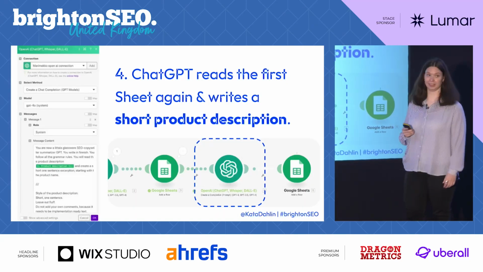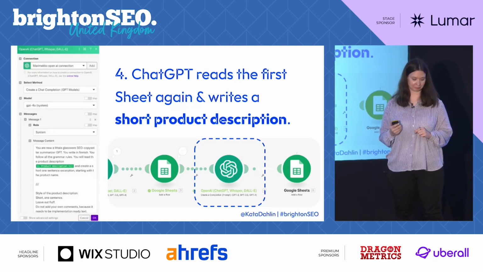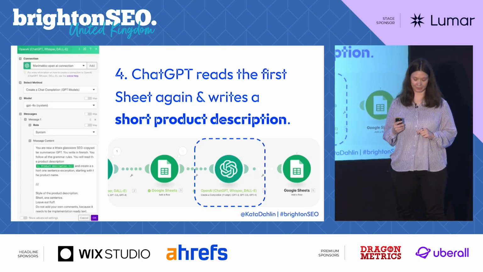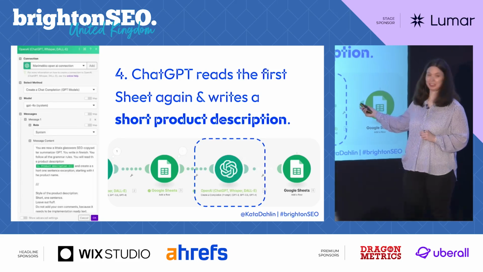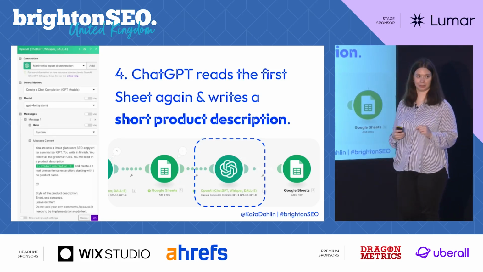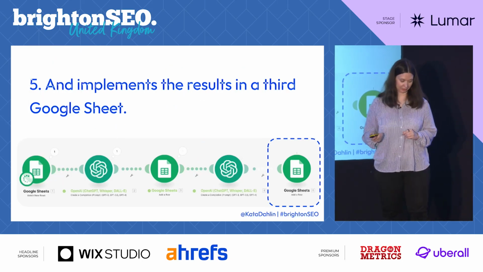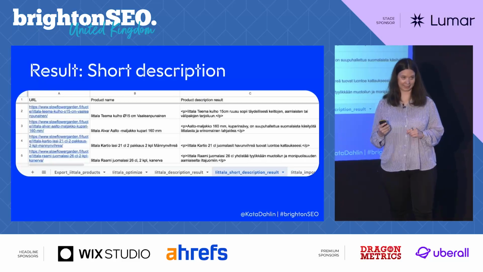Then I also need a short product description to the top of my page. So I have a new ChatGPT box, and here I ask it to write a short product description and again add it back to the Google Sheet. And it can look like this.